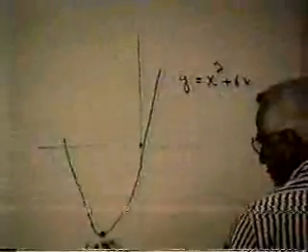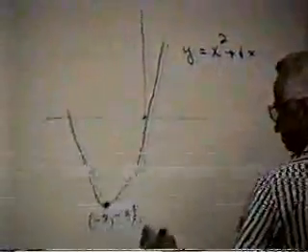If x is -2, y is -8. If x is -3, oh, that's the point we found, y is -9. At -4, y is -8. And so what we get is a curve like this, showing that this is a minimum at (-3, -9). And sure enough, our work's right.